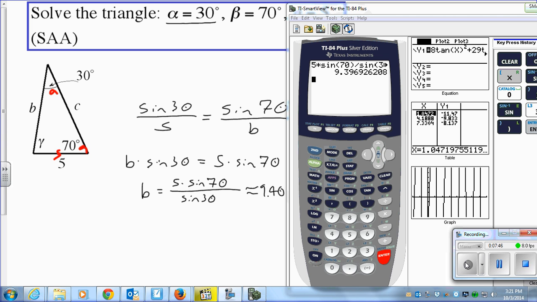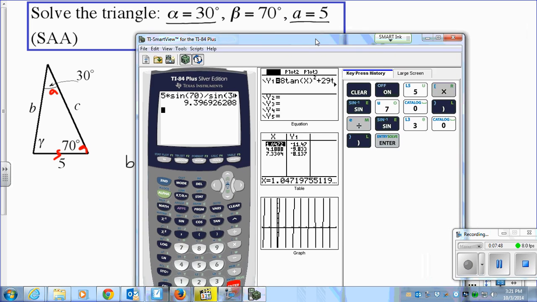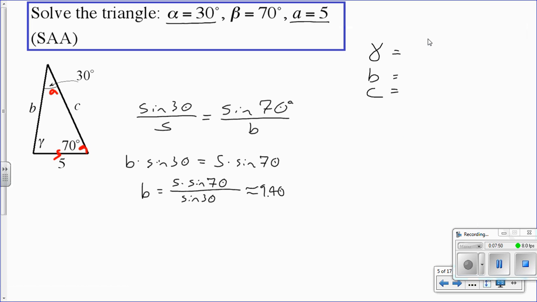So that's my B. Now let's go ahead and find C. In order to find C, I need to find angle lambda first. Knowing I have 2 angles of a triangle, I can find my third angle by the triangle sum theorem. So this is forced to be 80 degrees.